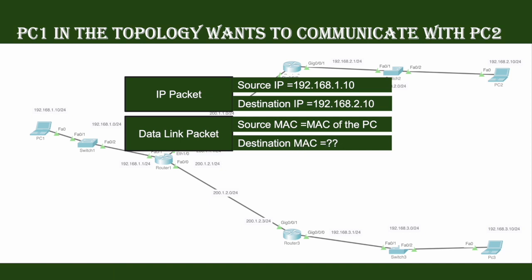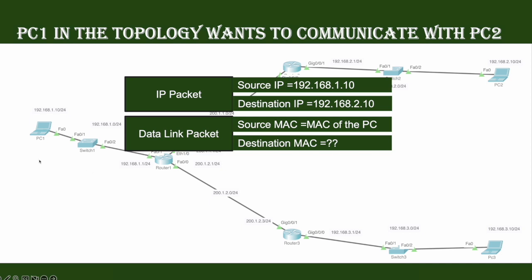Just to recap one of the earlier videos, the data link layer is responsible for sending the packet in a segment. That means in this segment between PC1 and router 1, its responsibility is to send that frame from PC1 to router 1.